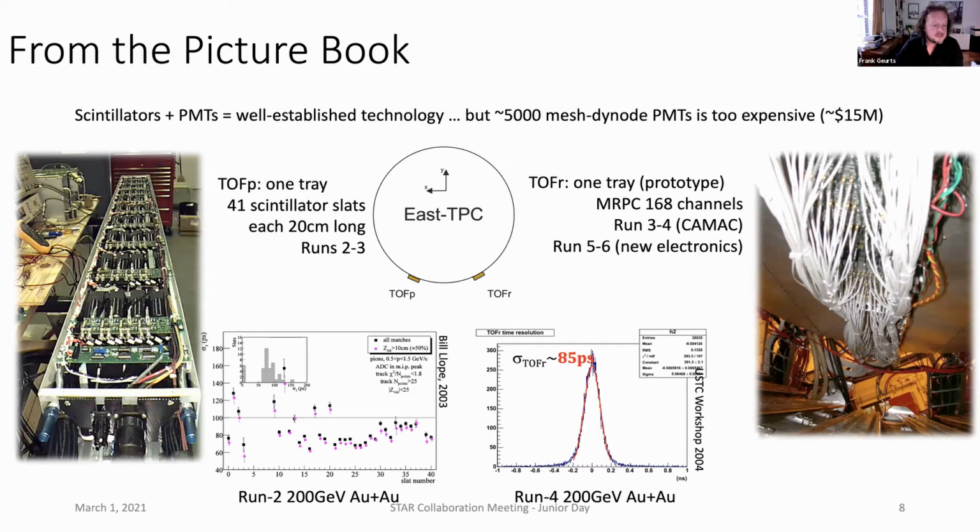On the left side, you can see the TOF-P detector, where we used one tray that was used for the central trigger barrel, the CTB, and we replaced the two large scintillator slats in this CTB tray with 41 smaller scintillator slats that were each about 20 centimeters long. You can see them here nicely lined up. We were able to squeeze in 41 scintillators, each read out with a dedicated photomultiplier tube. If you look carefully, these little black cylinders are the photomultiplier tubes.